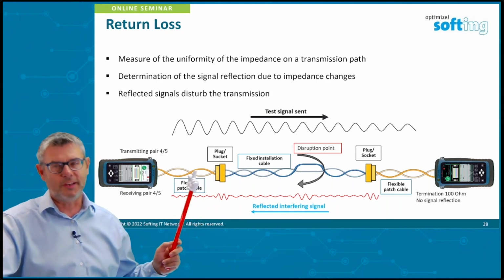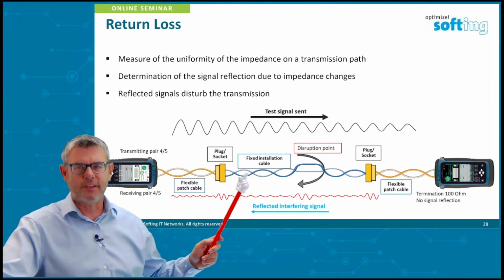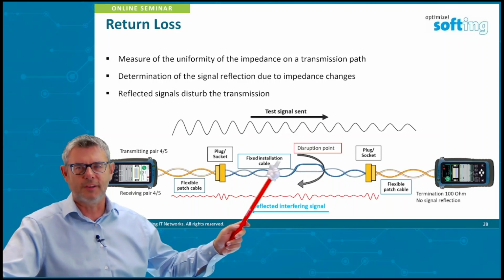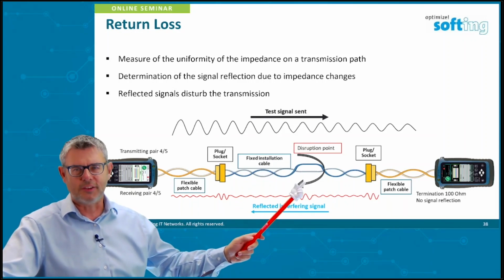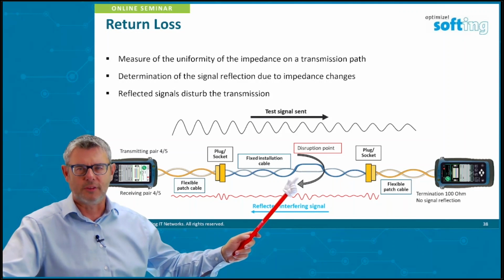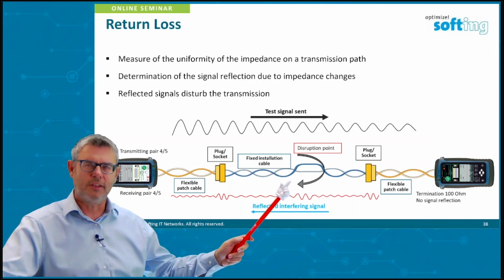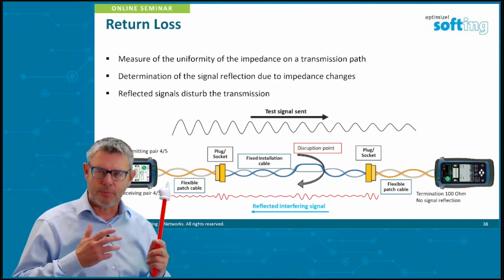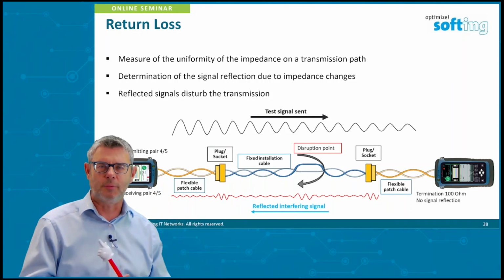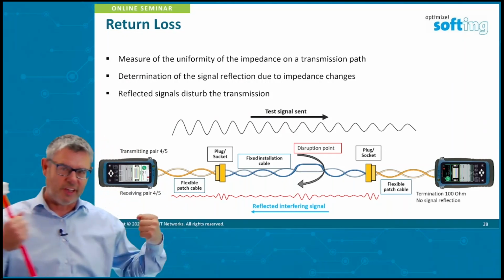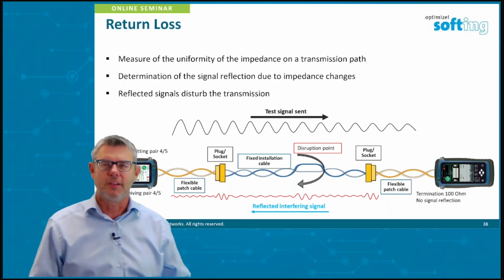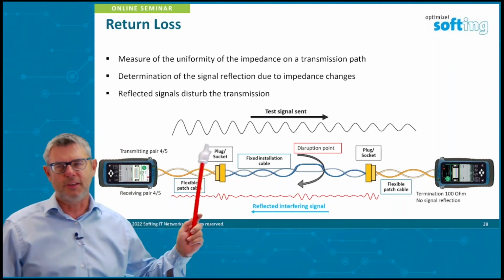Or where it's really bad now is if you have destroyed or mishandled your cable in the installation. So where the cable has not its geometry as it's done by the manufacturer of the cable. If you stretch a cable, if you put knots in the cable, you get disturbance of the impedance.